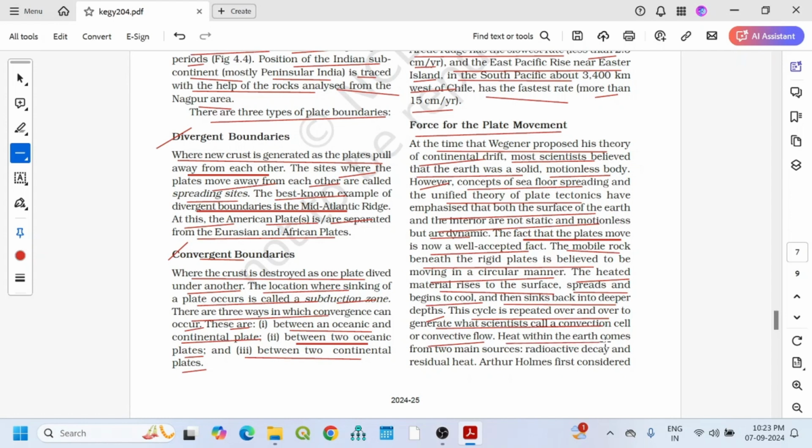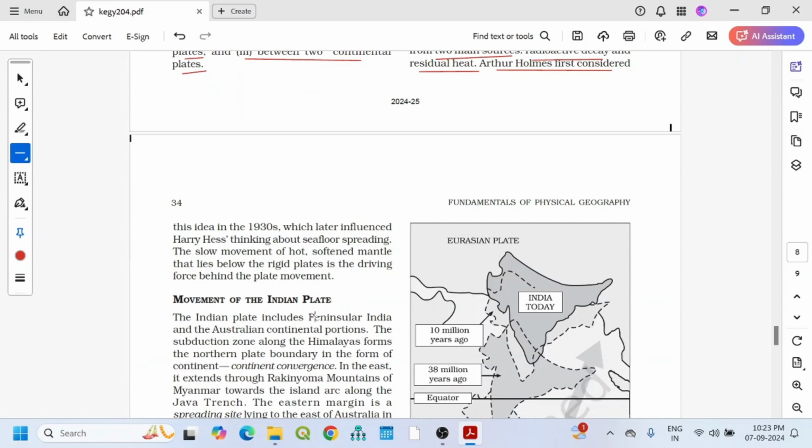Heat within the Earth comes from two main sources: radioactive decay and residual heat. Arthur Holmes first considered the idea in the 1930s, which later influenced Harry Hess's thinking about seafloor spreading. The slow movement of hot, softened mantle that lies below the rigid plates is the driving force behind the plate movements.